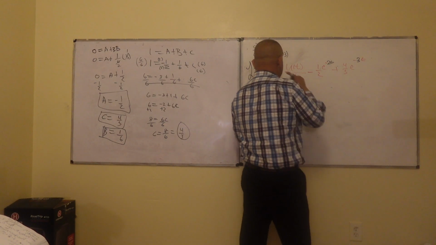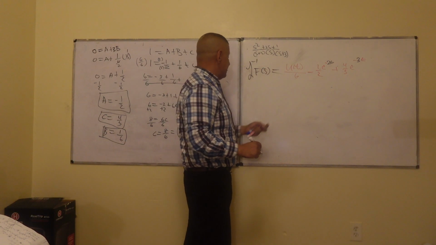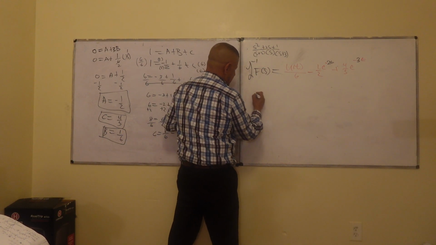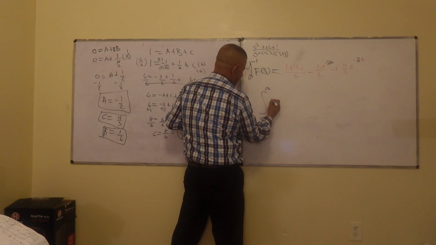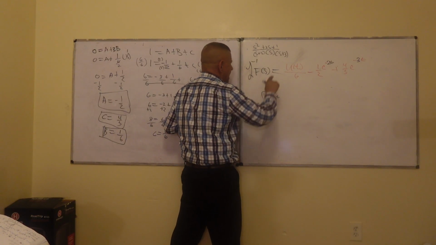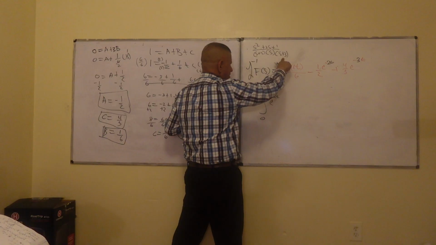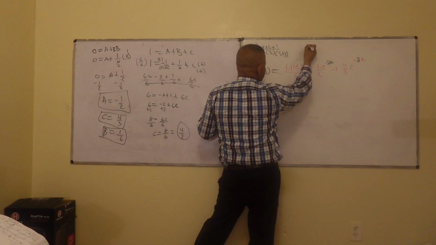Why? Because I have a positive here, and the formula is the integral from 0 to infinity of e to the -st. The 8 over here was positive, but remember, the final thought about this is like this.